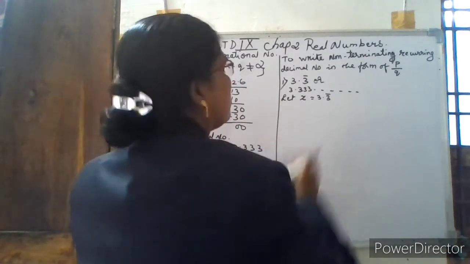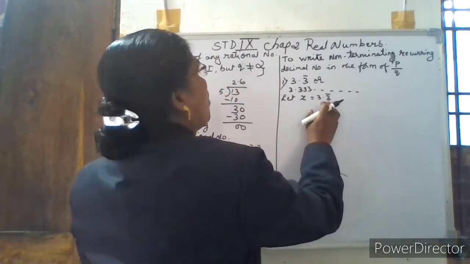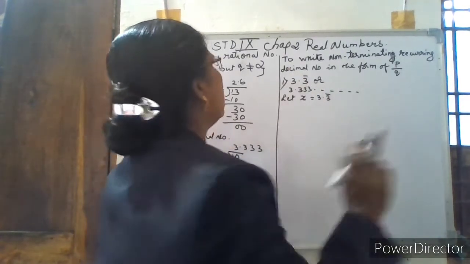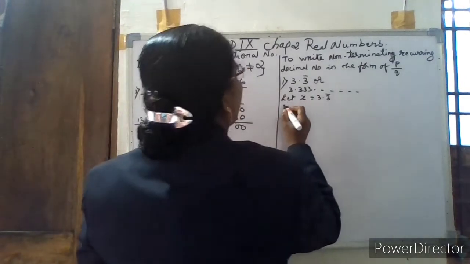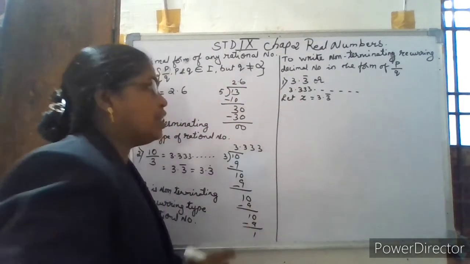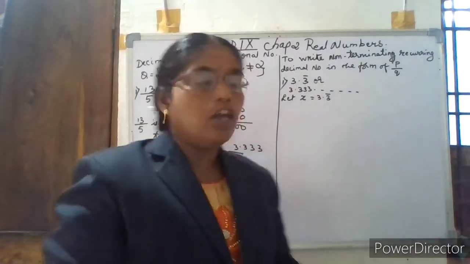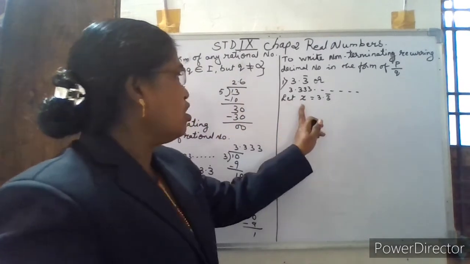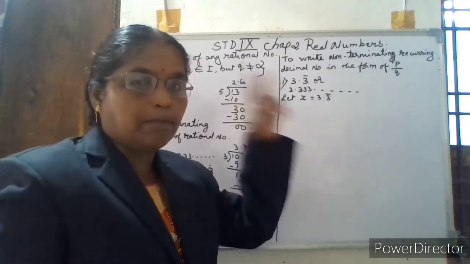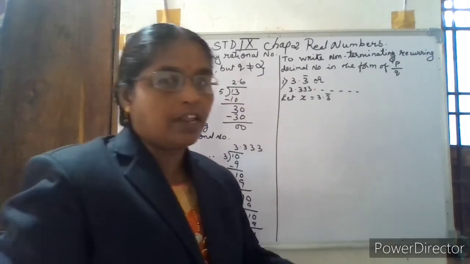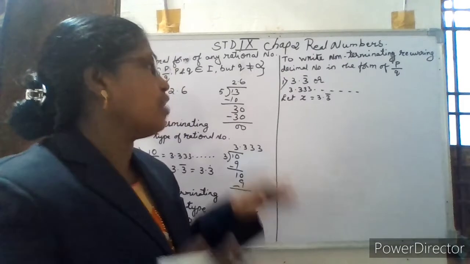After the decimal point, only 3 is recurring, one digit is recurring again and again. When one digit is recurring after the point, you should multiply both sides by 10. If 2 digits are recurring, then multiply by 100. If 3 digits are recurring, then multiply by 1000 and so on.